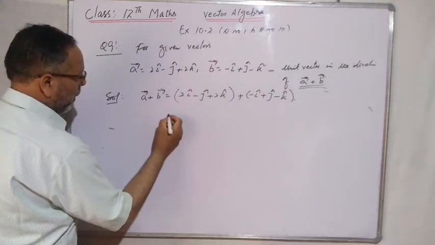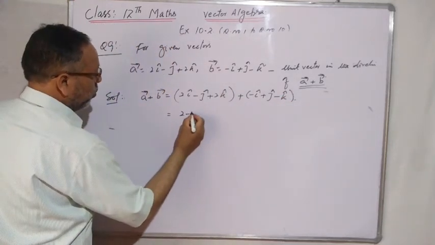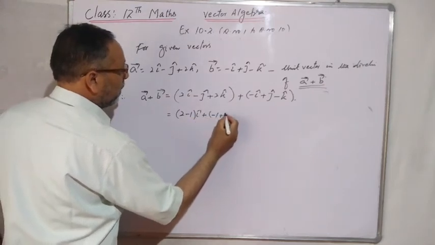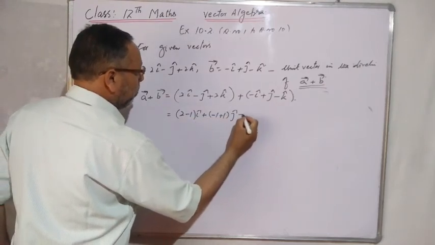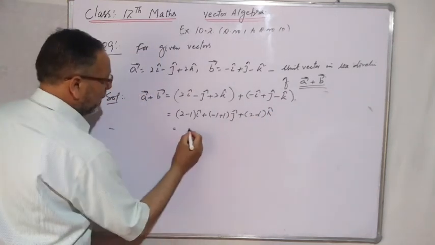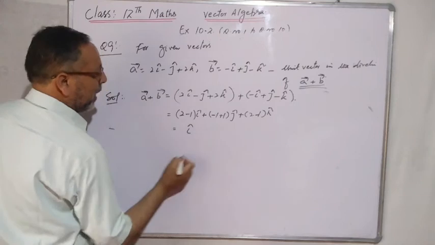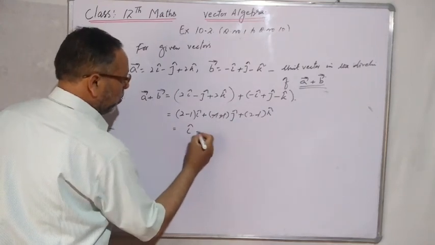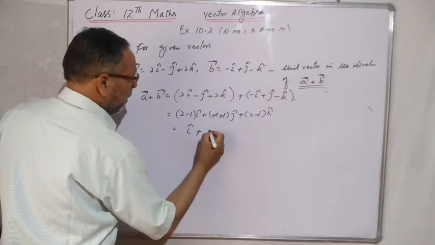So add the corresponding elements. It is 2 minus 1 i cap plus minus 1 plus 1 j cap plus 2 minus 1 k cap. So 2 minus 1 is 1, means i cap. Minus 1 and 1 cancel, so it becomes 0, no need to write it. 2 minus 1, 1 k cap.